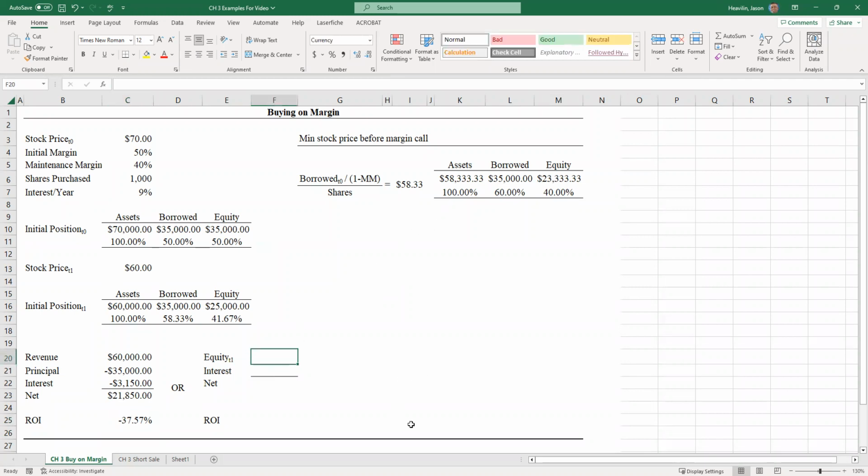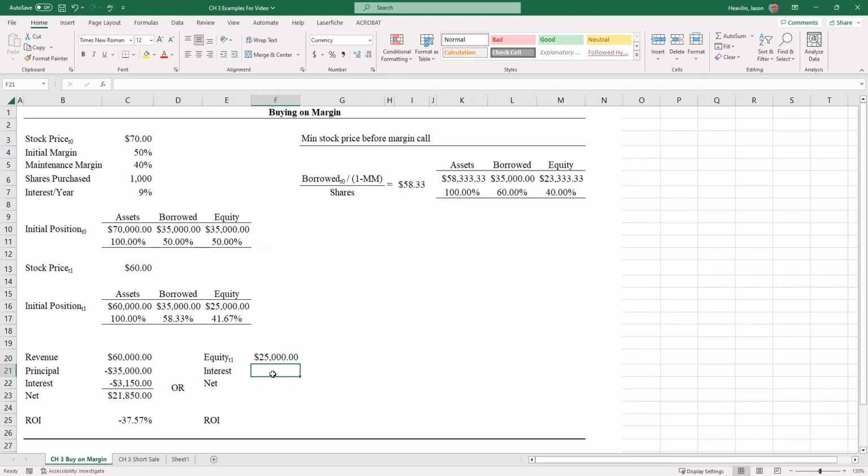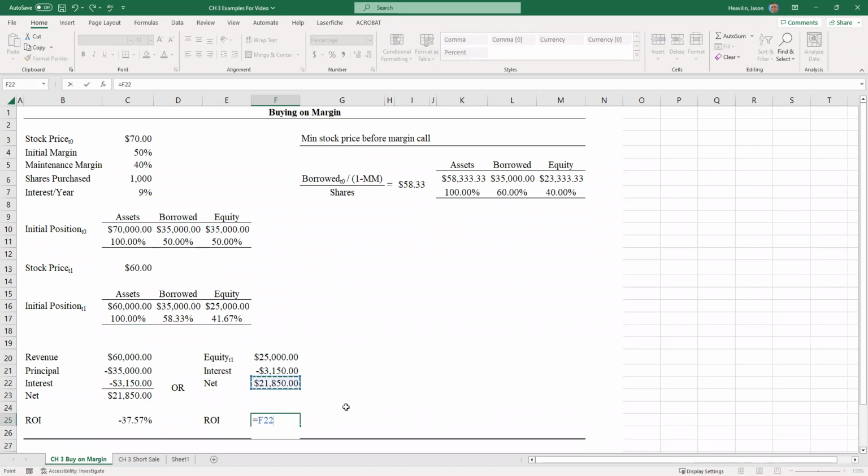Another way to do it, if you just take the equity that you end up with, that is your new equity, I already calculated. And then we can do the interest, which is borrowed times the interest. And then take those two, you see how you end up with the same number. Your ROI will still be the same.